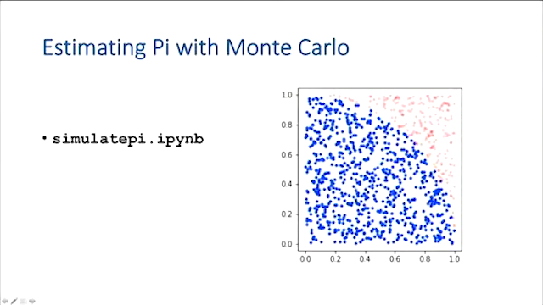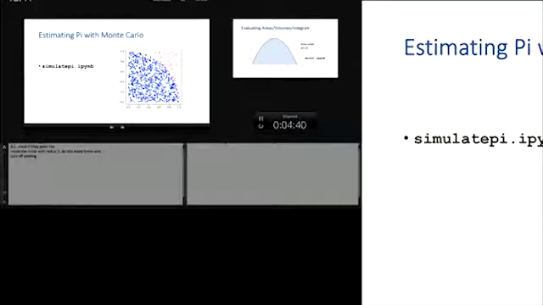So if you would randomly sample a point in this unit square and only keep the ones that are inside the disk, then the proportion should be pi divided by 4. So that's the idea of the method.